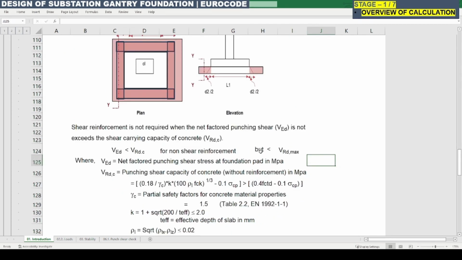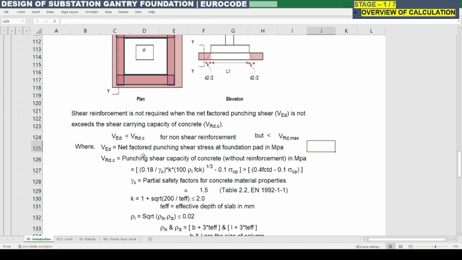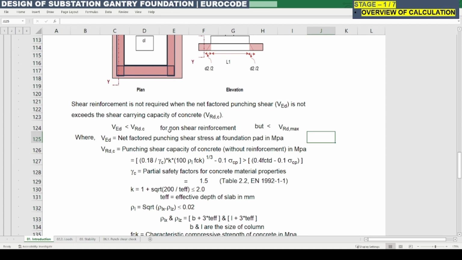If that is the case, then this foundation raft is not suitable for the shear. Then we need to revise the size. Either we need to increase the thickness, or we need to try to reduce the length or width of the foundation. So we need to check that criteria. It means that VED should not be greater than VRD max in any case.